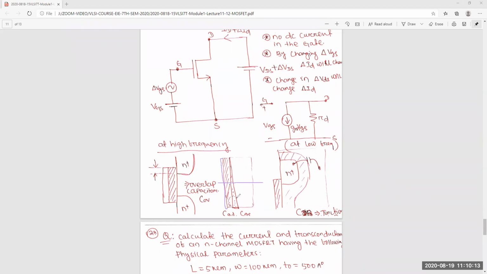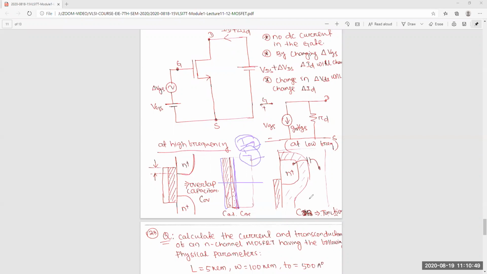During cutoff, there is no channel capacitance; only the bulk capacitance will be there, gate to bulk. But during linear, the gate to drain is half of that channel capacitance. Here also CGS is equal to half of that capacitance.